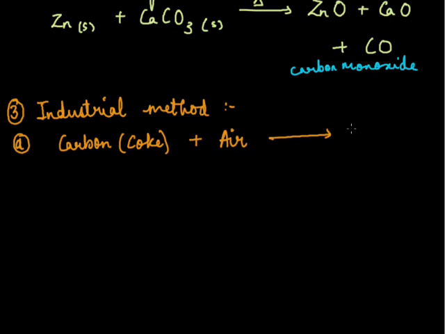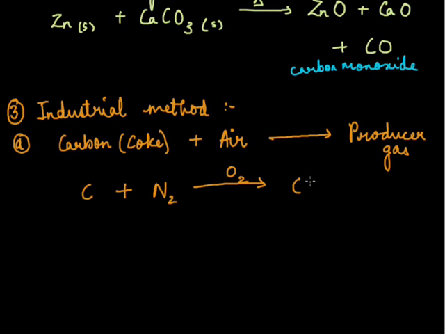It will form a gas, that is producer gas. This producer gas is a mixture of carbon monoxide and nitrogen. Carbon will react with the nitrogen of air and the oxygen. It will form carbon monoxide, and so this is the producer gas.